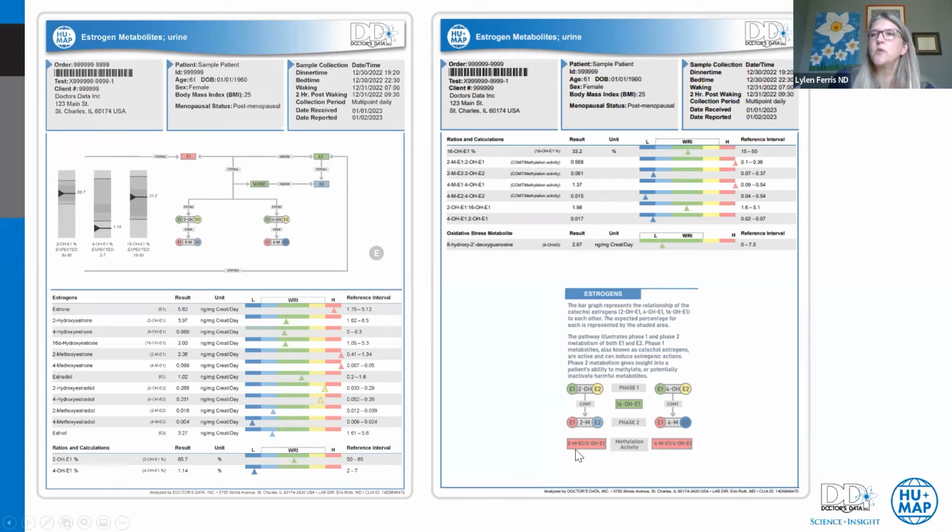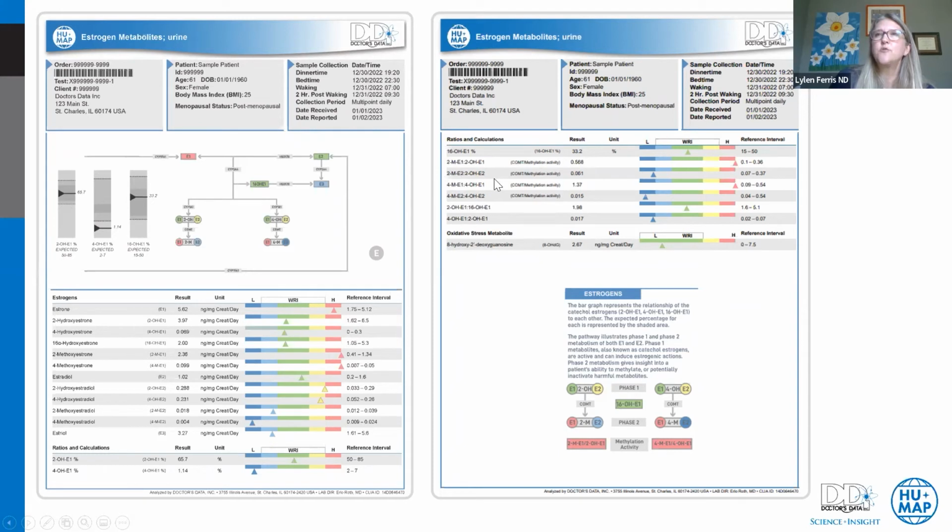So remember here we looked at methylation activity, and we can see that there's a lot of movement from the 2-hydroxyestrone into 2-methoxyestrone and the 4-hydroxyestrone into 4-methoxyestrone. But if we look at the estradiols, that movement is not quite as efficient. So here we can see, the 2-methoxy to 2-hydroxy ratio, that's great.